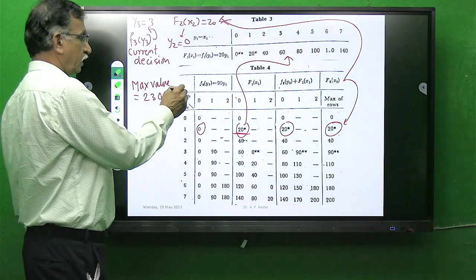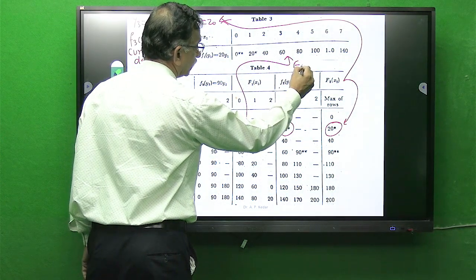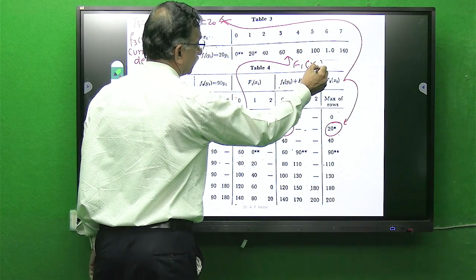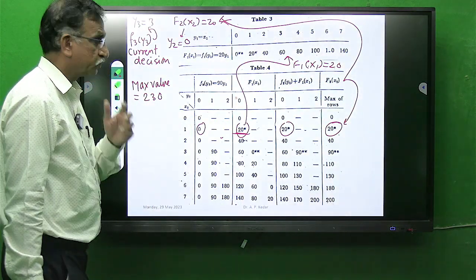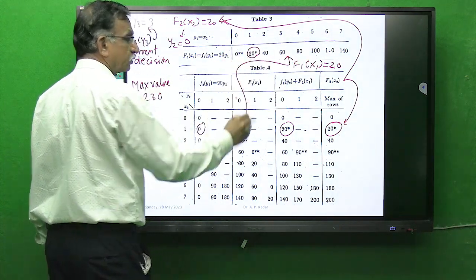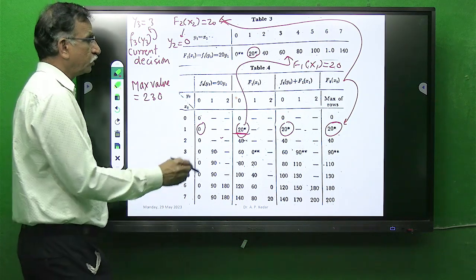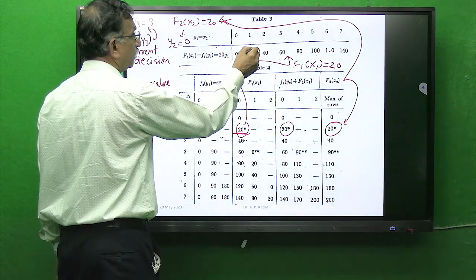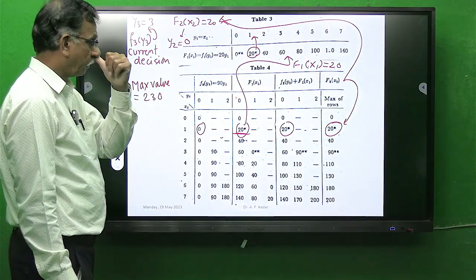In f1 x1, where is 20? Look for this row. 20 is at this point. So ultimately your value of y1 comes out to be 1.